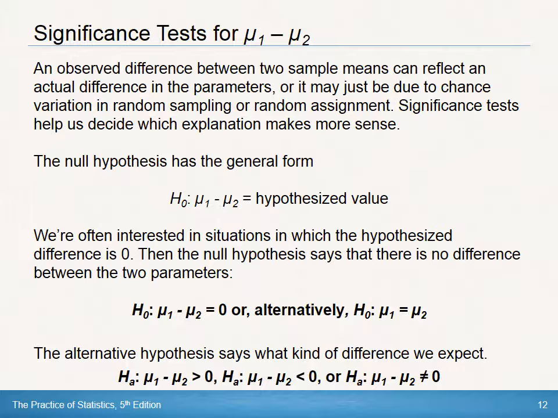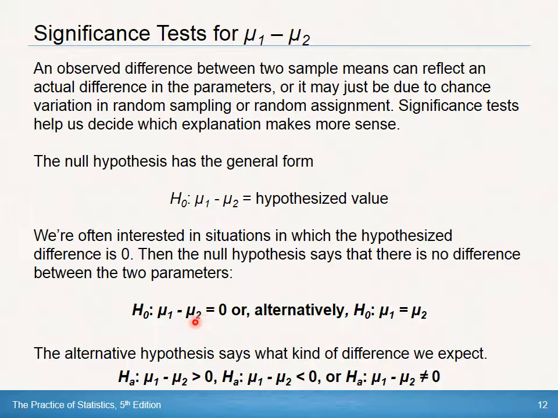Just like before, our null hypothesis, H sub 0, is always equal to, and our alternative hypothesis, remember, can be greater than, less than, or not equal to. And typically, just like before when we were doing proportions, if we're talking about a difference, our null hypothesis means we're going to focus on our difference being equal to 0.